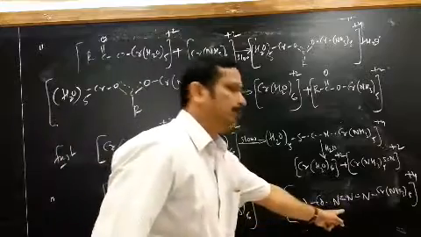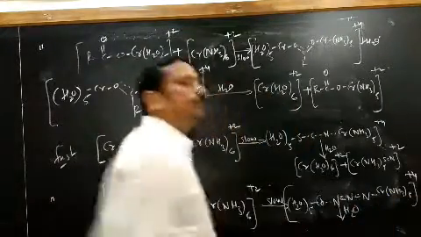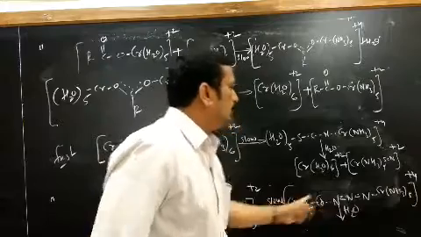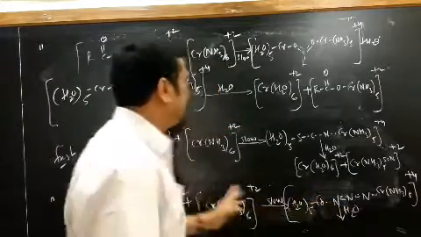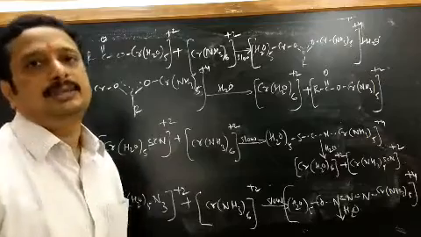Similarly for azide also, on hydrolysis this N3 is going to be placed here. Is it right?